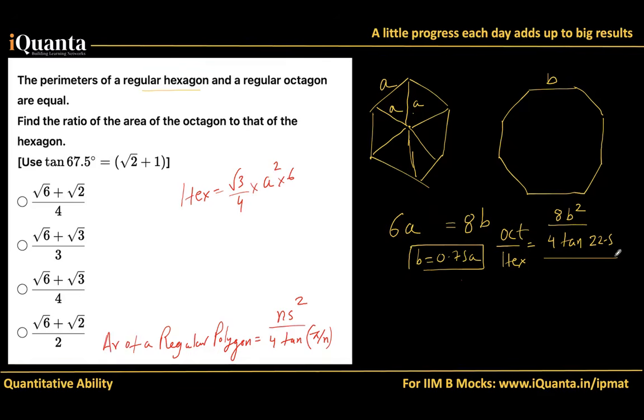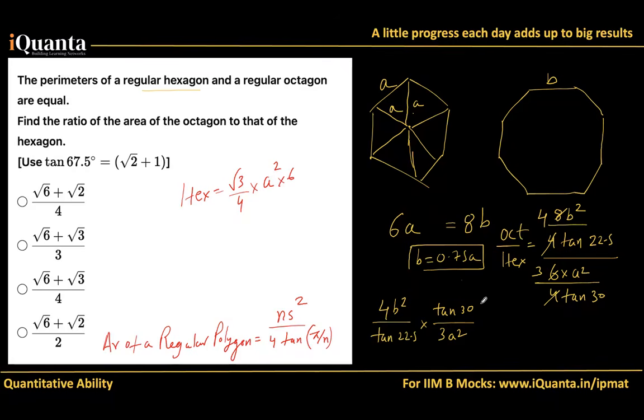And hexagon area will be 6, because we have 6 sides, side value is A square, upon 4 tan of pi by n, that means 180 by 6, that is tan 30. 4, 4 cancels and we can cancel these two. 4, 2, 4, 2, 3. So we get 4B square upon tan 22.5, and we get tan 30 here upon 3A square. I hope this much is clear.